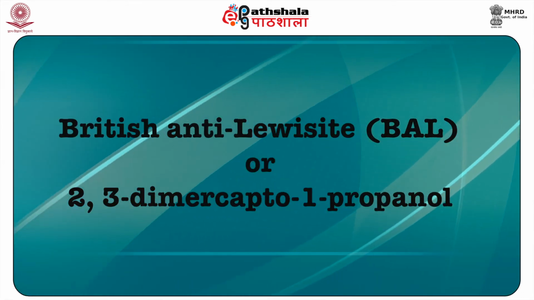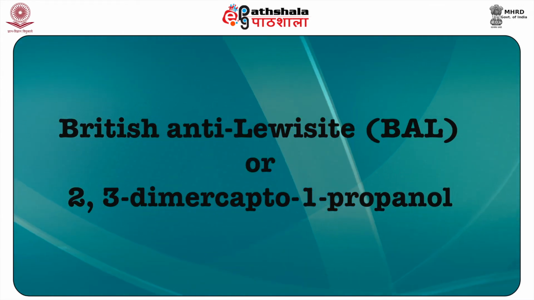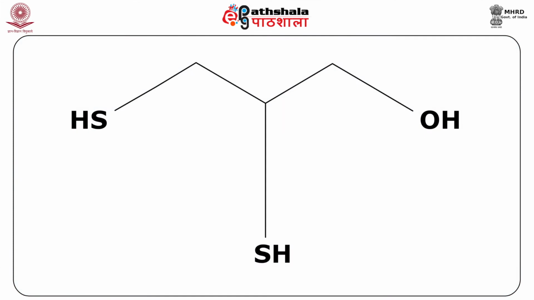British anti-lewisite, or 2,3-dimercapto-1-propanol. It was used by the British Army during World War II to treat patients poisoned by the gas lewisite. It binds to enzymes containing SH groups, but BAL binds strongly to arsenic and removes it.